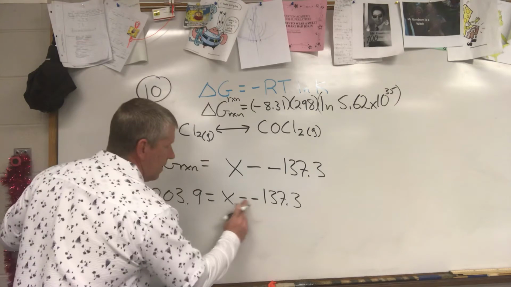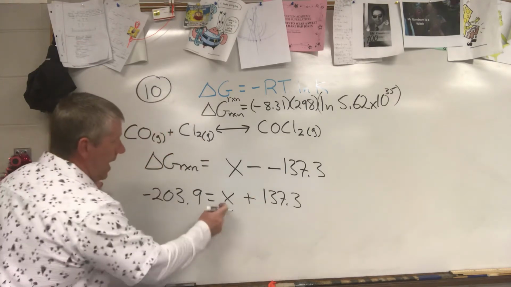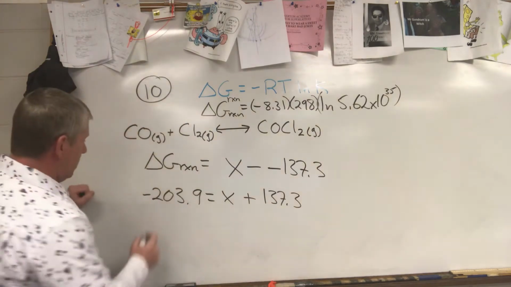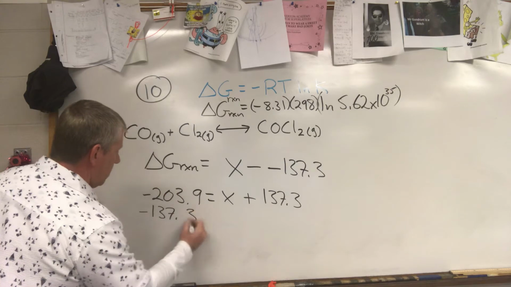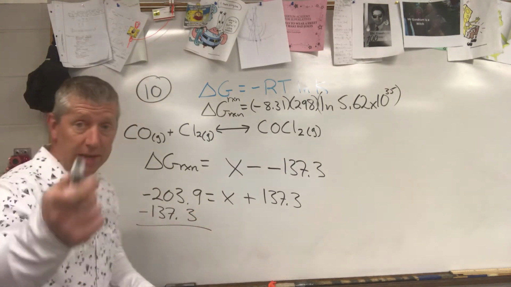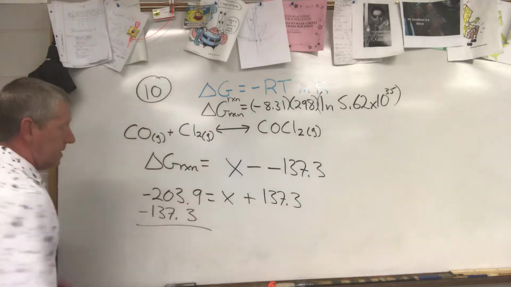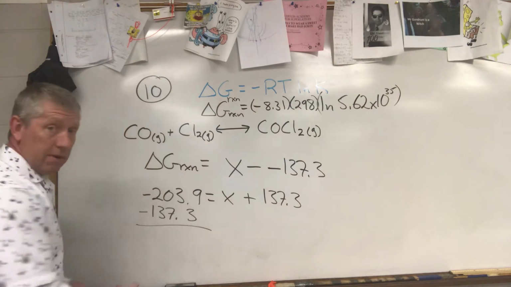This is subtracting a negative, so that's really adding it. Then you get X, we'll subtract 137.3. Okay, do the math on that. So negative, but you're subtracting from a negative. So negative minus a negative makes it more negative. So what you're really doing is you're adding these together to get a big negative number.